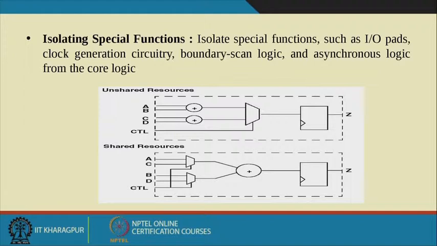Then, based on a control parameter, the output of one of the 2 is selected and fed to a register. But here it needs 2 adders and 1 multiplexer, so the area complexity is 2 adders and 1 multiplexer.